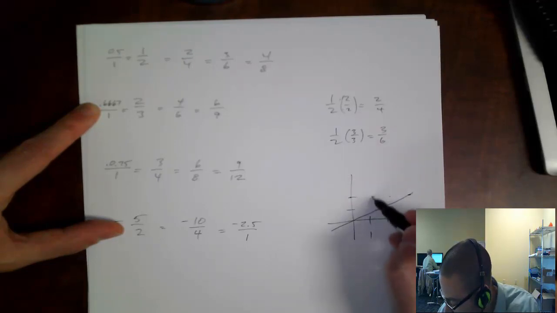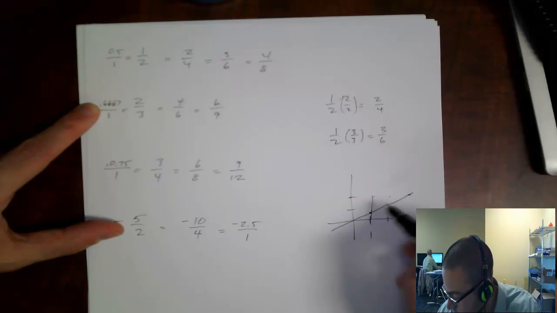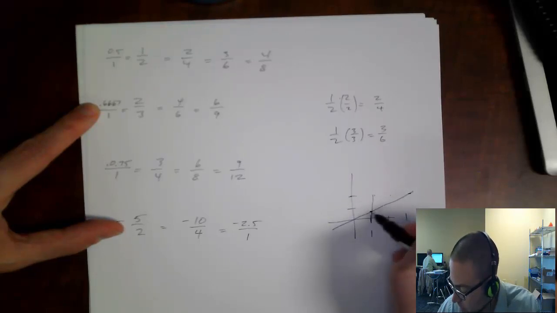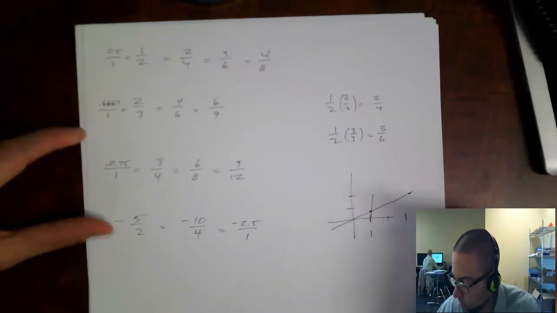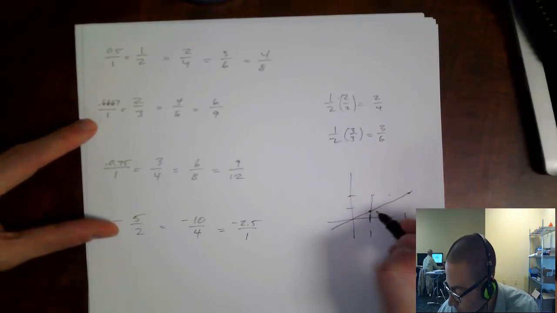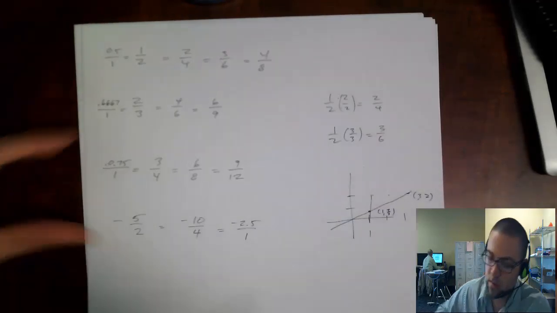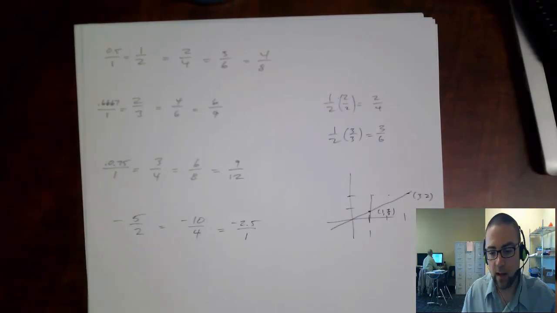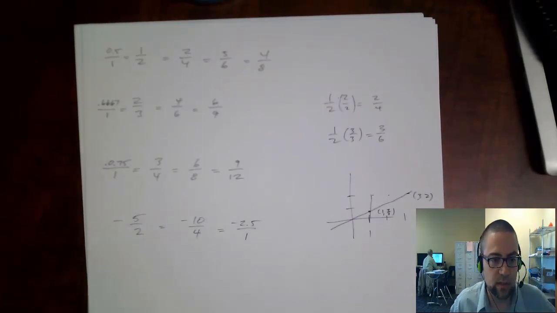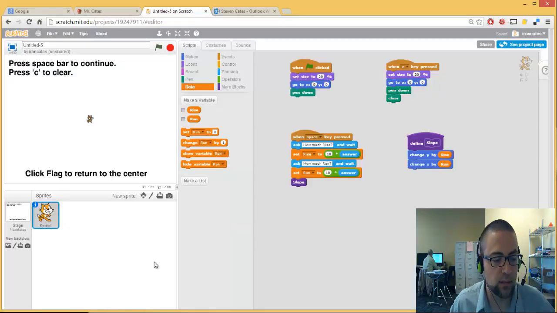This height right here should be 0.6667, or 2/3. This is 1 comma 2/3 is that height, and this point right there will be 3 comma 2.